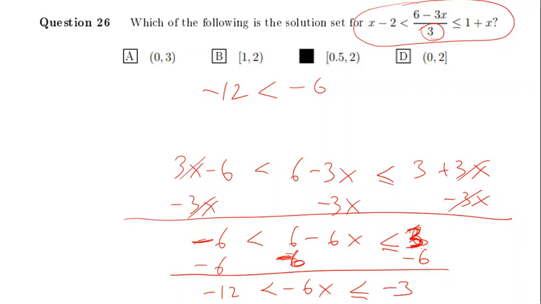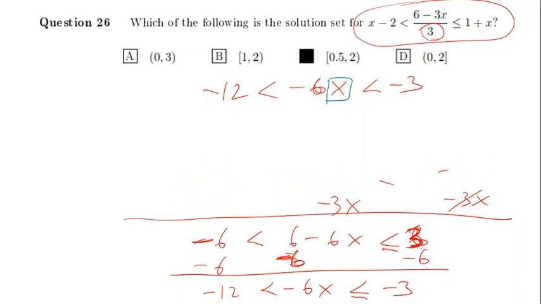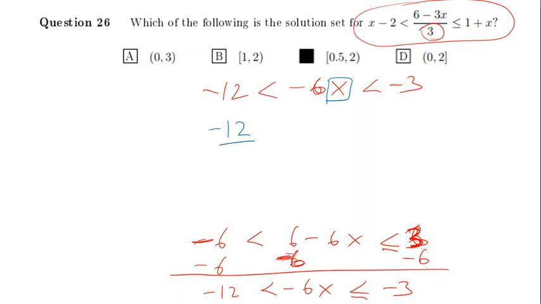Then we have to isolate x. So how can we isolate x? We divide all sides by minus 6. When you divide by a negative number like minus 6, you change the direction of the inequality.